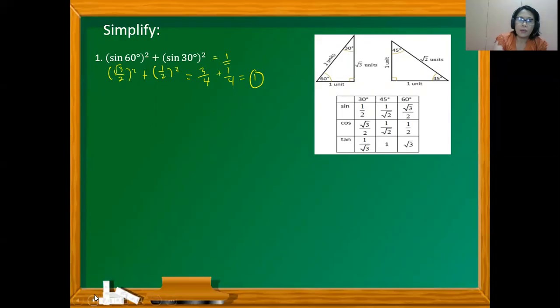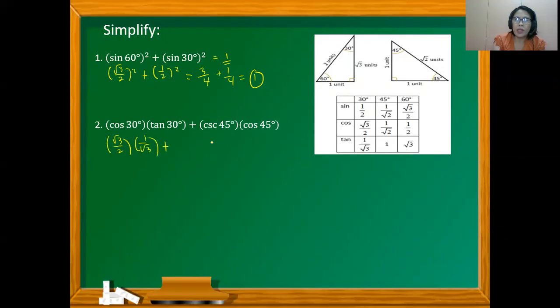Okay, next. Cosine 30 times tangent 30 plus cosecant 45 times cosine 45. So cosine 30 is square root of 3 over 2 times tangent 30, which is 1 all over square root of 3, plus cosecant 45. We will refer to sine 45.